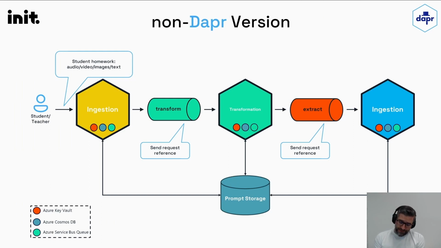Before we dive into the non-Dapr version source code, I want to emphasize some important points for this session. Namely, in the non-Dapr version, all the microservices must know how to connect to Azure Key Vault, how to read and write to Azure Cosmos DB, and how to send and receive requests to Azure Service Bus queues.